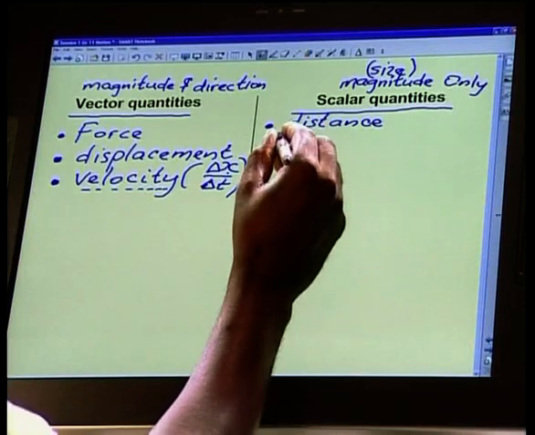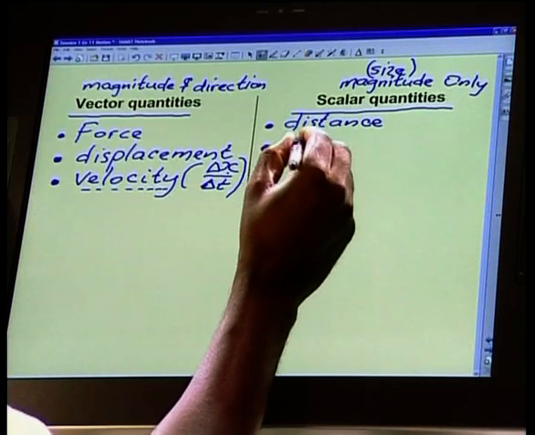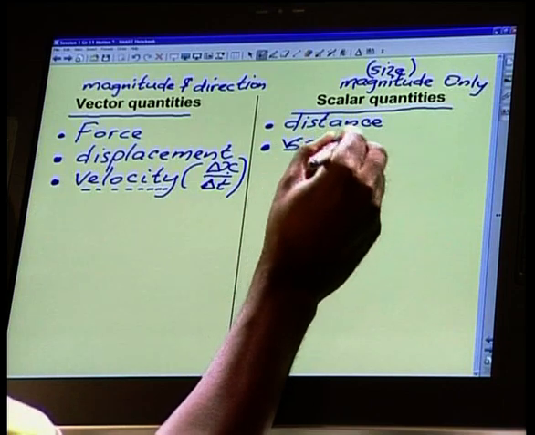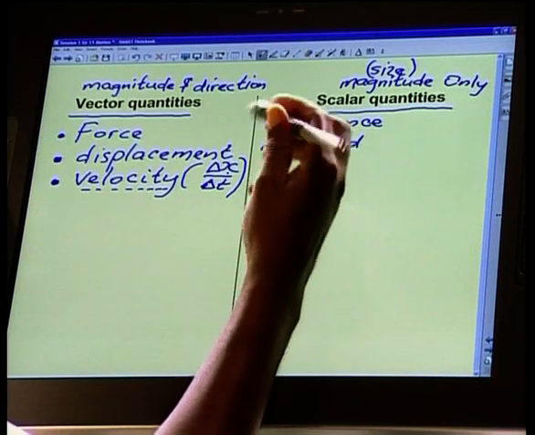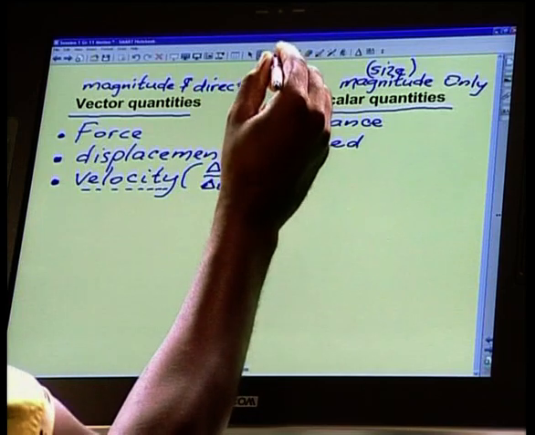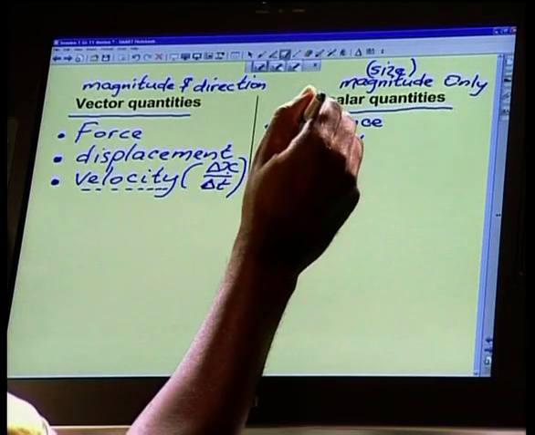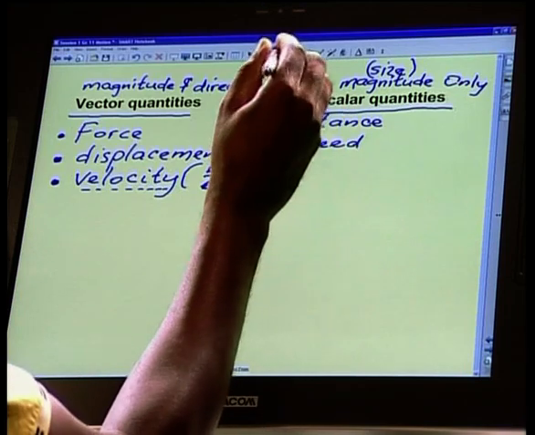The next one I'm going to put here is speed. So speed is a scalar quantity.